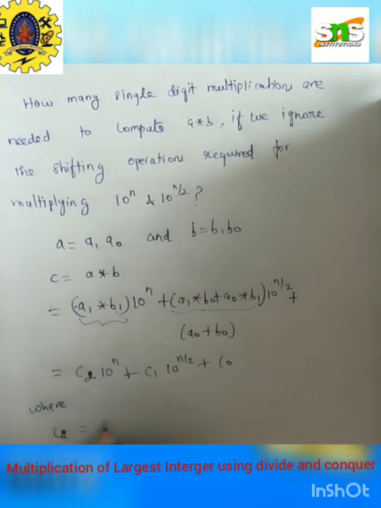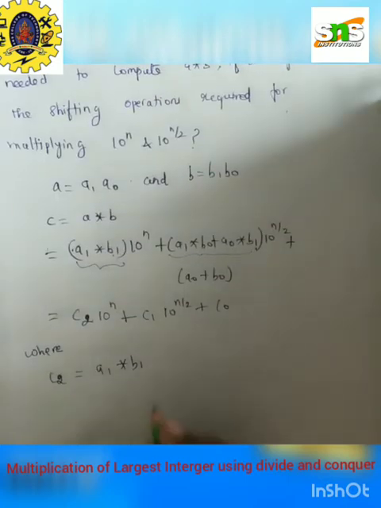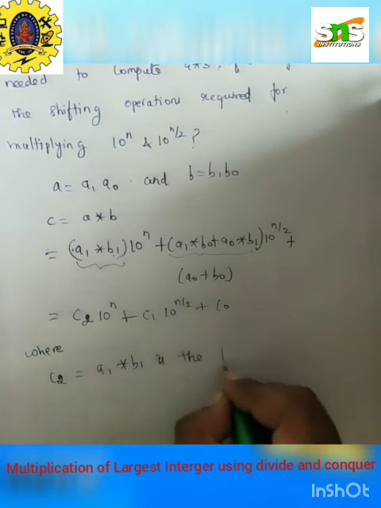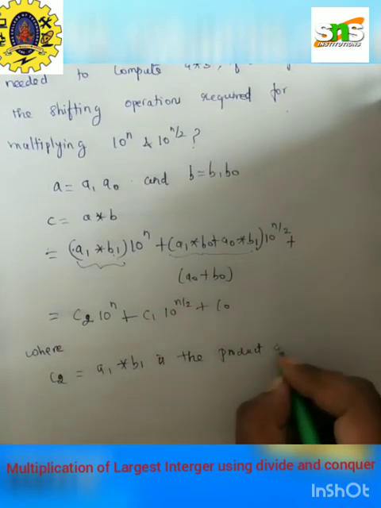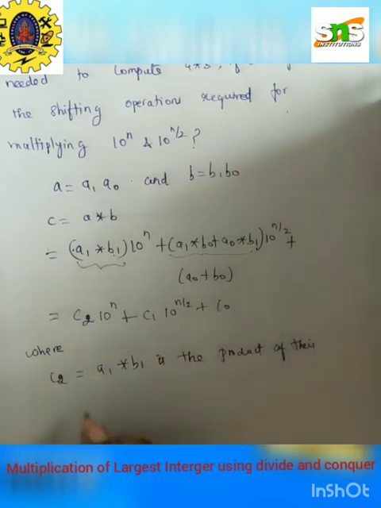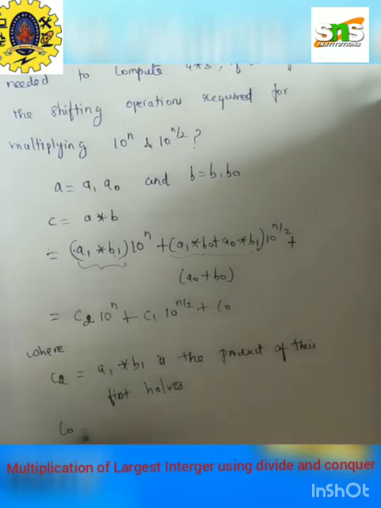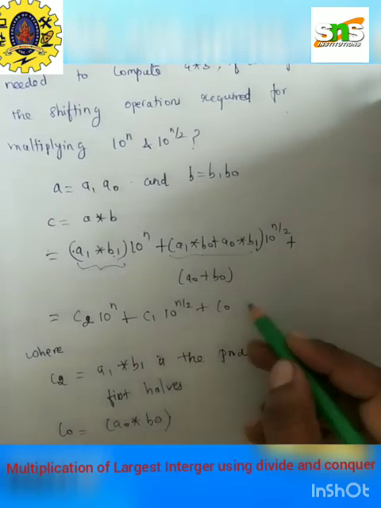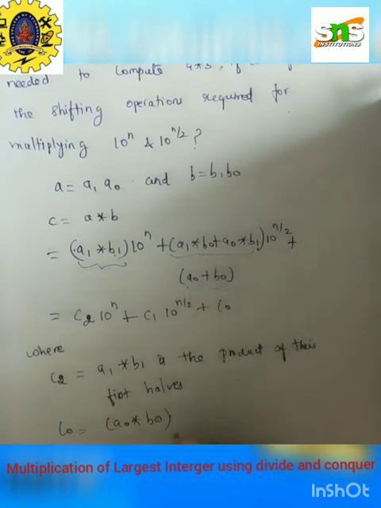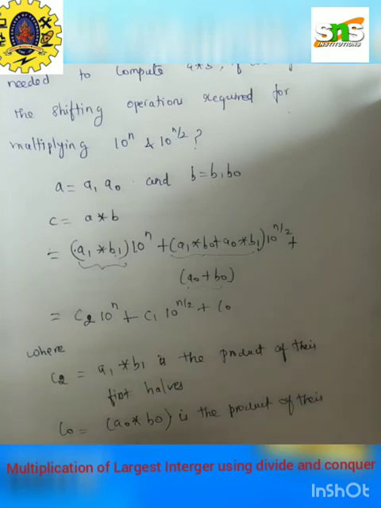C2 is equal to a1 star b1, the product of their first halves, and C0 is nothing but a0 star b0, the last term. So C0, a0 star b0, is the product of their second halves.